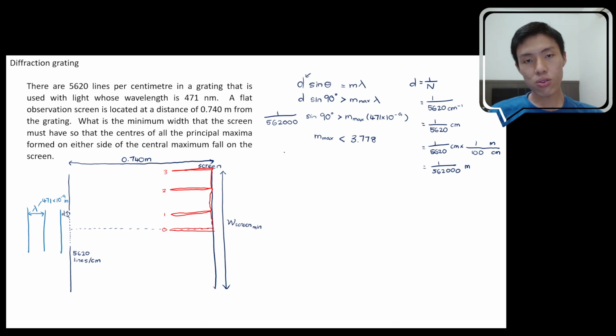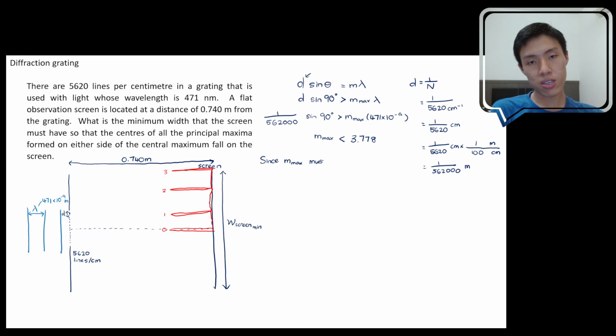You already obtained m max is less than 3.778, and you know for a fact that m max must be an integer, right? M max can only go from 0, 1, 2, 3, 4, 5, nothing in between. There's no decimal place for m max over here. It must be an integer.